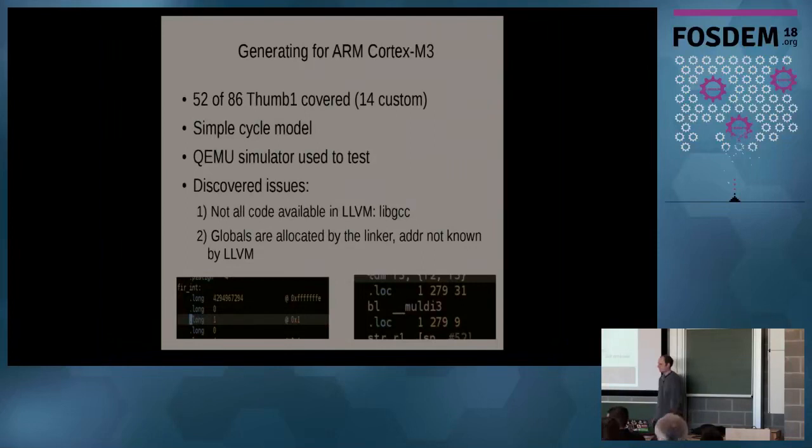What is your opinion about doing WCET on higher-end CPUs, so CPUs with cache? My opinion about using this with processors with cache: caches are a big problem with worst case execution time.